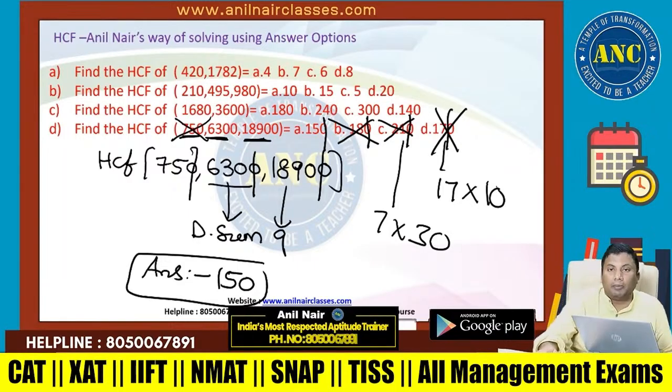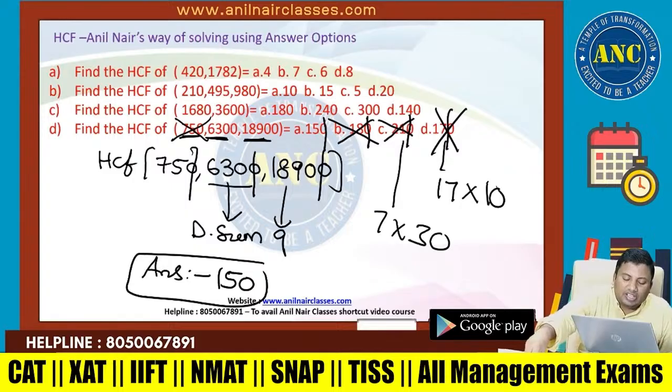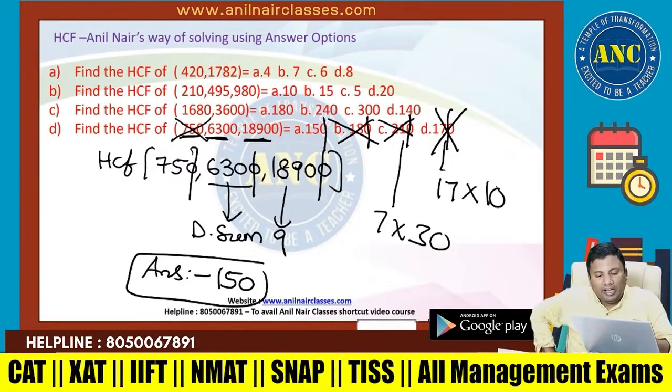Again I am repeating. 750, 6,300, 18,900. I removed the 0 at the end of each.